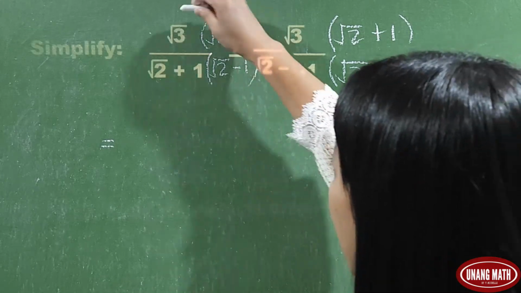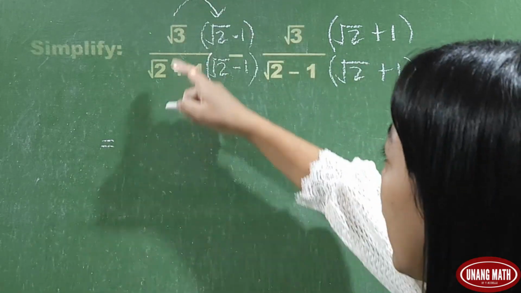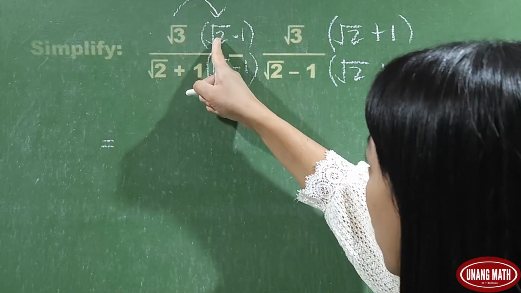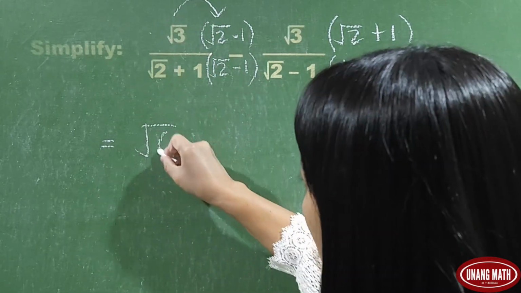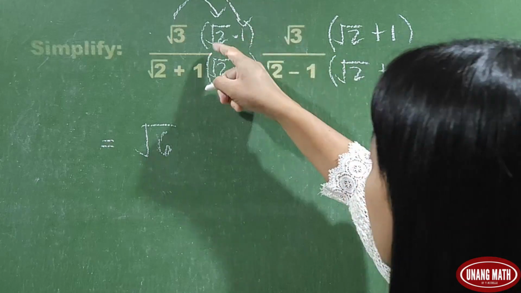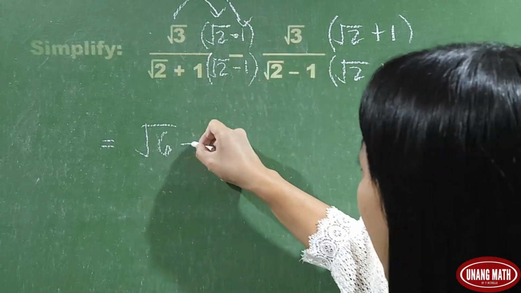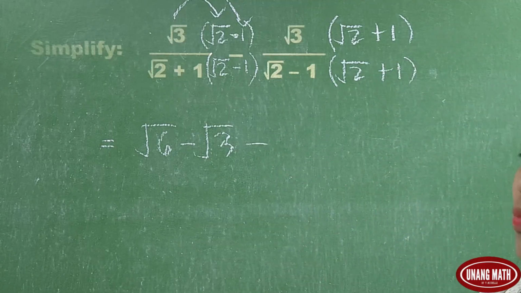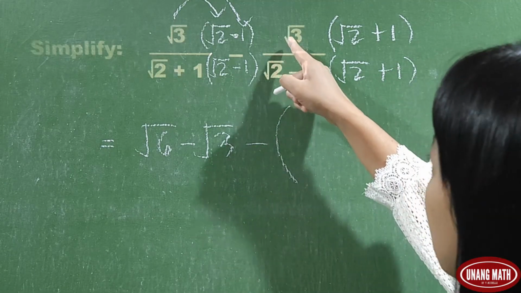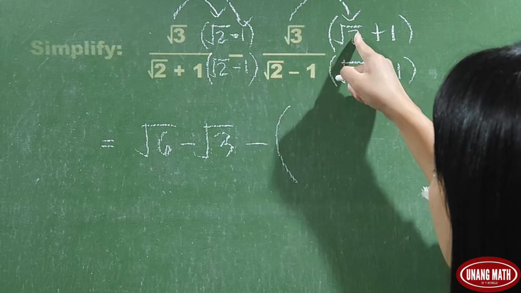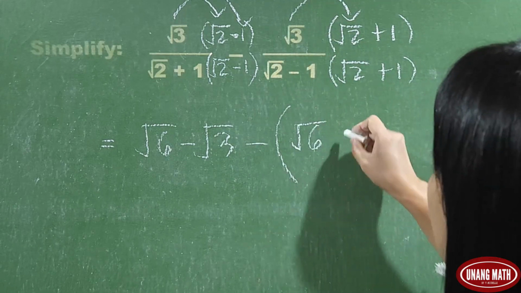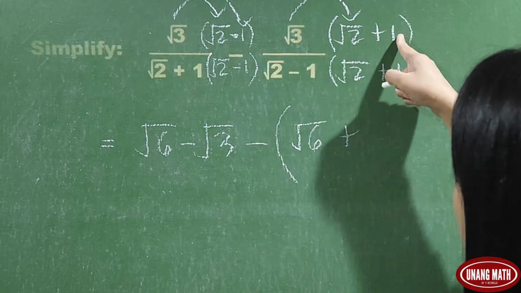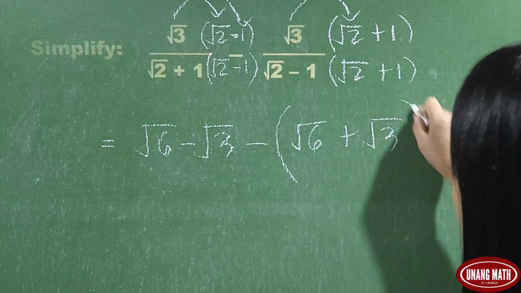Okay, this time, let's get the numerator. So square root of 3 times square root of 2, then that's square root of 6. Square root of 3 times negative 1, then minus square root of 3. The operation is subtraction. So minus this one, so square root of 3 times square root of 2 is square root of 6, plus square root of 3 times 1 is square root of 3.